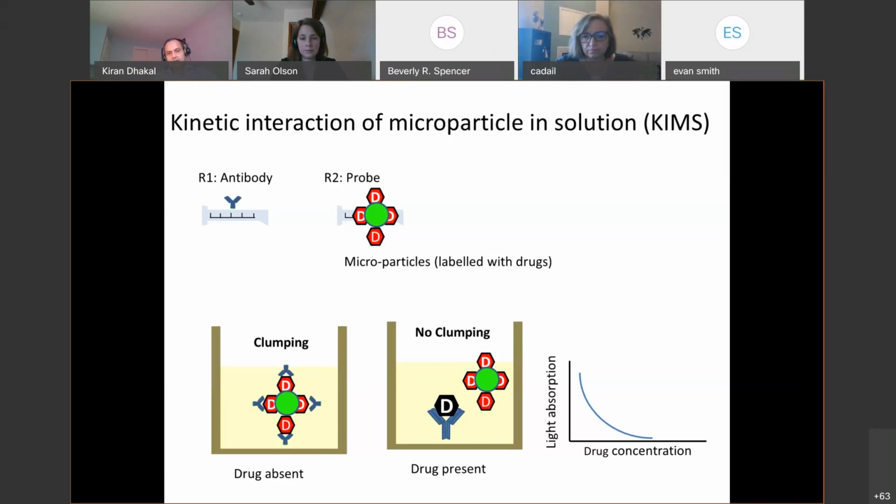And when we pass the light through that clump, there will be no absorption. When there are drugs present in the urine, again, there will be competition between the probe and drug for the antibody. The antibody will engage on capturing the drug present in the urine, and the probe will not form the clump, and there will be less light absorption.